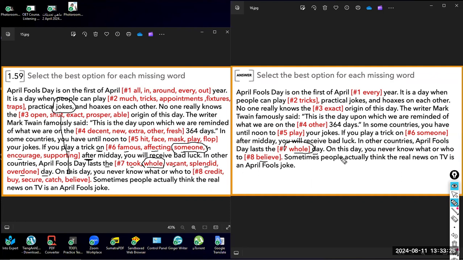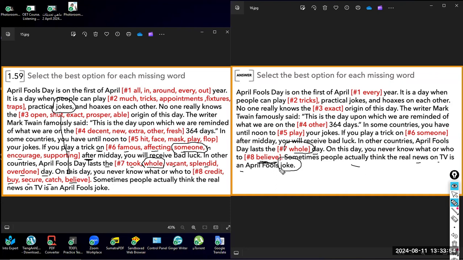So this is why I have to use this verb with jokes, which is believe. Absolutely not to buy something, or to secure something, or to catch something, because I'm talking about tricks, jokes. I have to say to believe in this joke. So sometimes people actually think the real news on TV is an April Fool's joke again.